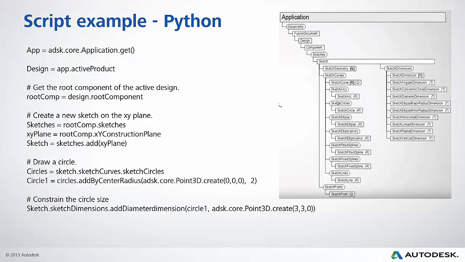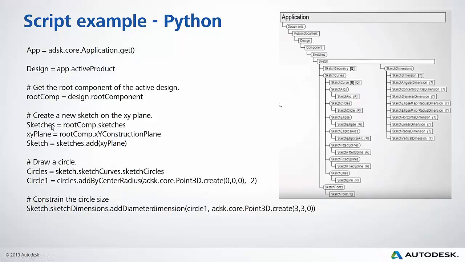But so basically, whenever we're starting this, we want to get the application, and then we want to assign a variable that gets the active product as well. So basically, the design space that we're working in, and then root component. So root component is going to get the active design that we're in, and then coming down the line, I'm wanting to create a sketch on the XY plane.